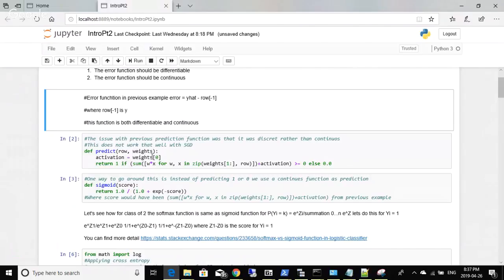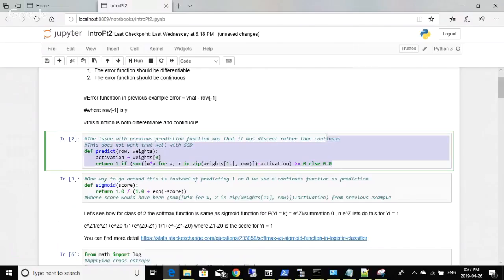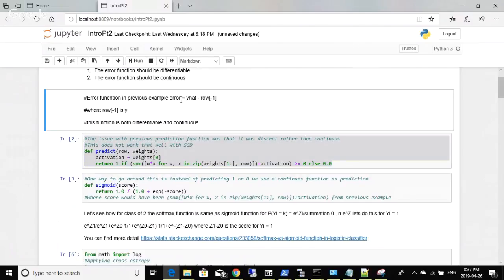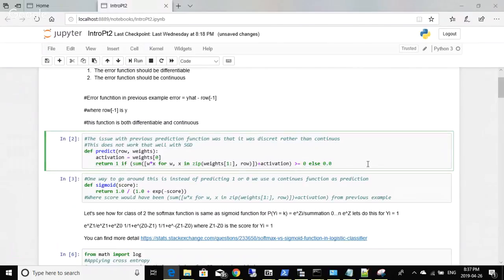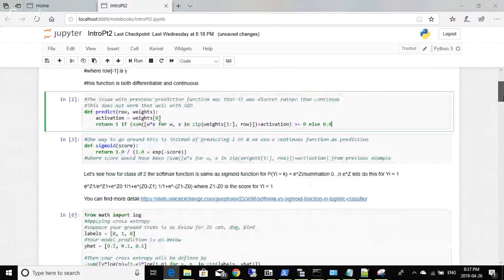The second is that the result is not continuous. The prediction is either completely wrong, if it's one where it should be zero, or zero where it should have been one, or it is correct and then it doesn't make any changes for you once it classifies it correctly.